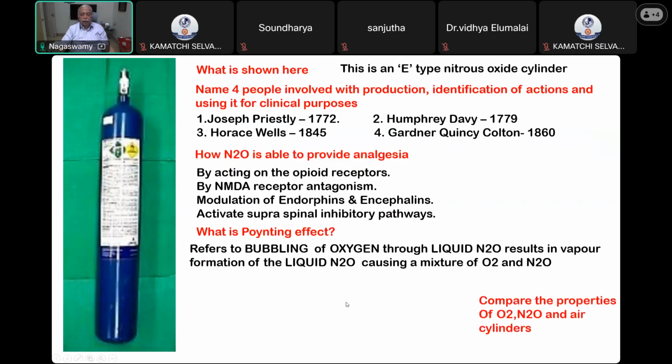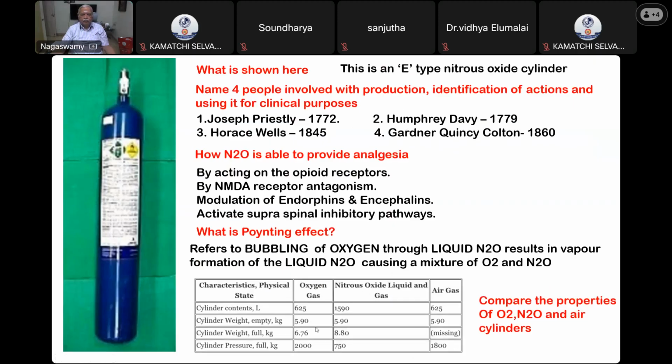And compare the properties of oxygen, nitrous oxide, and air cylinders. Of course, this is the comparison. You have the cylinder content: oxygen 625 and nitrous oxide 1590, because it is a liquid turning into vapor, and air will also be 625.